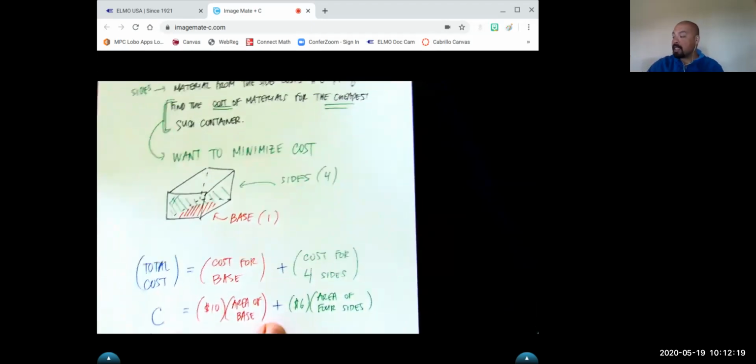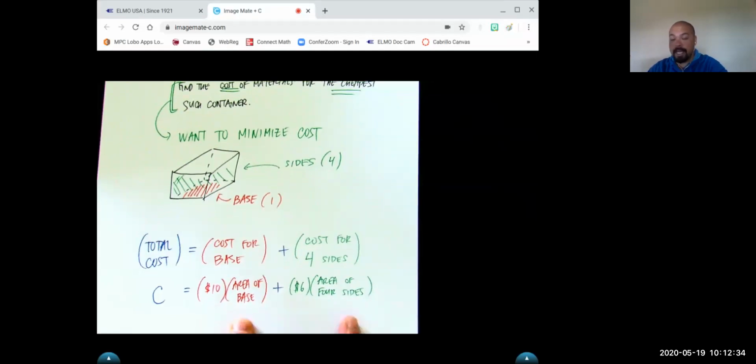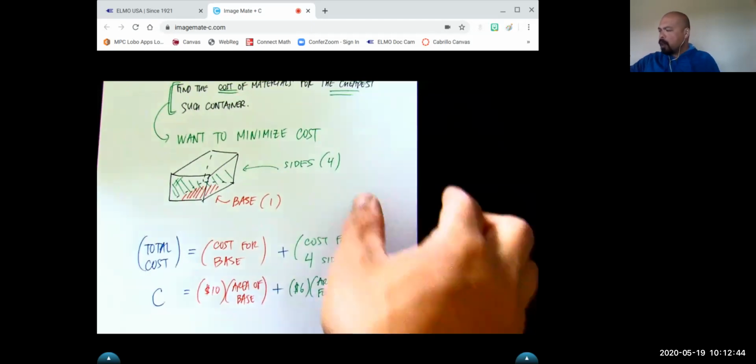But we can start to identify this idea, right? So slowly but surely, letting these variables creep in, right? Because what's happening at the end of the day, we want these areas for our base and for the sides to depend on just one variable, right? That's like the key part, like our related rates. Since we're going to be taking this derivative, we want just one variable showing up.